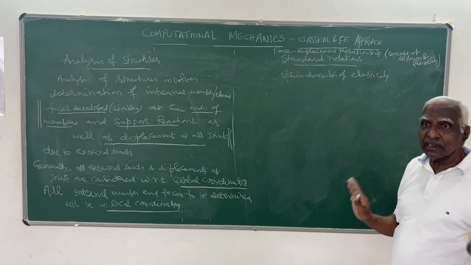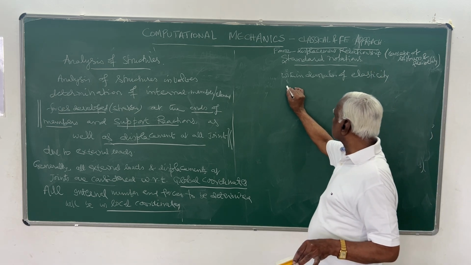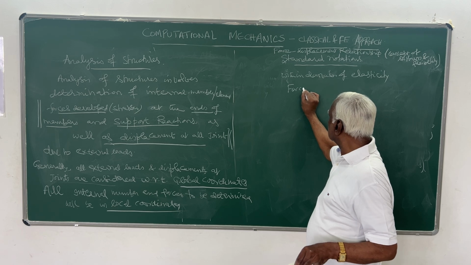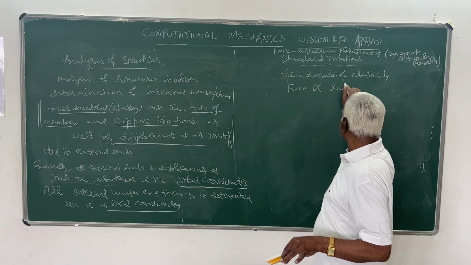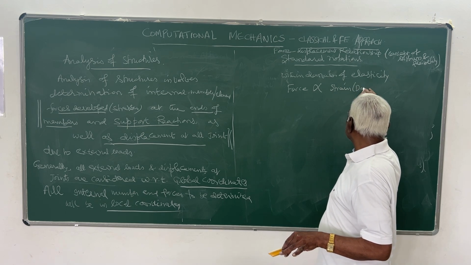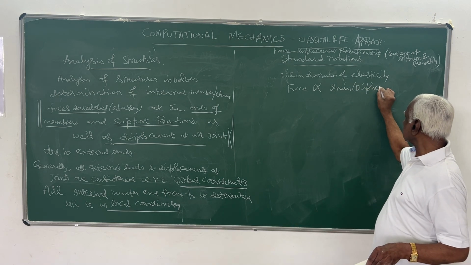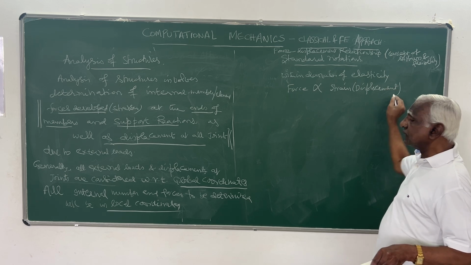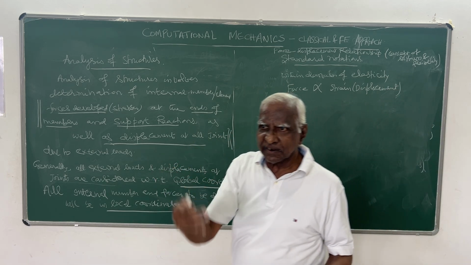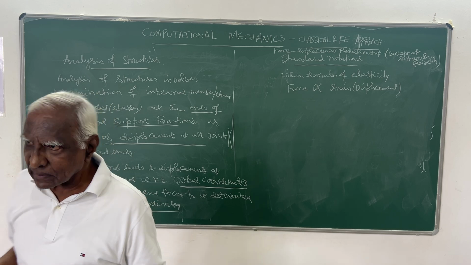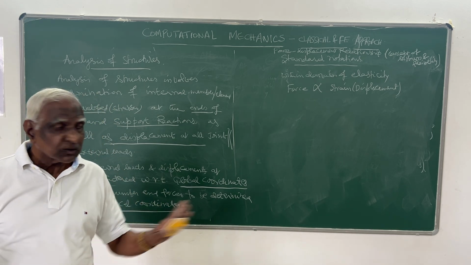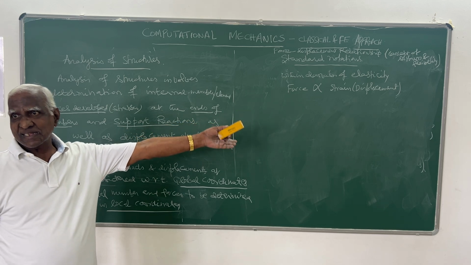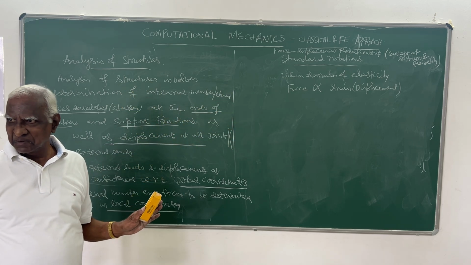So within that elastic domain, we say force is directly proportional to strain or displacement. After all, strain is nothing but ratio of change in length to the original dimension. It's a ratio, non-dimensional quantity, so we need not bother whether it is strain or displacement. Right?